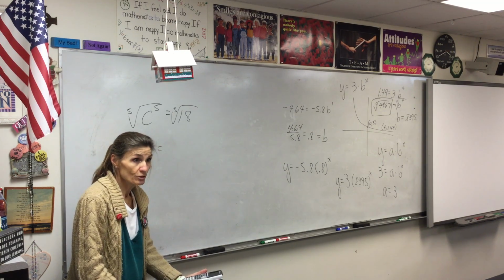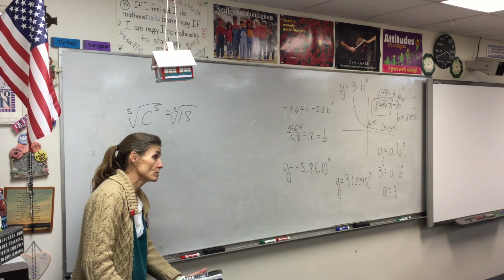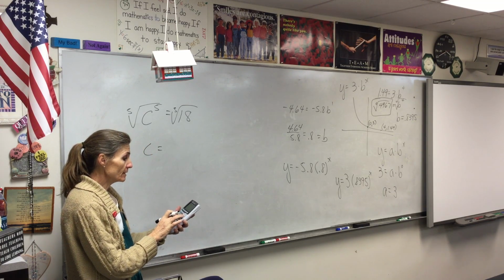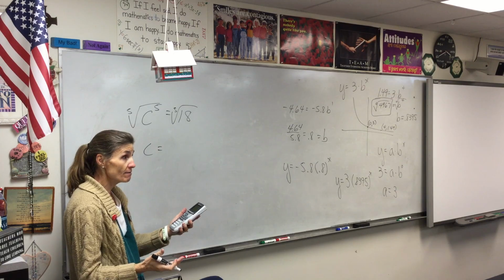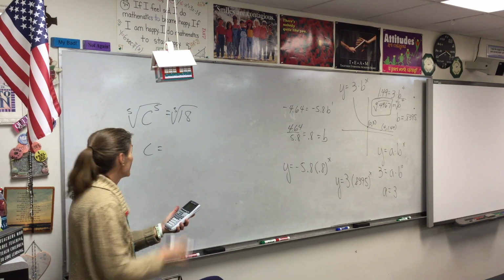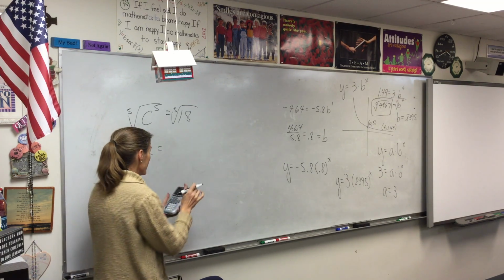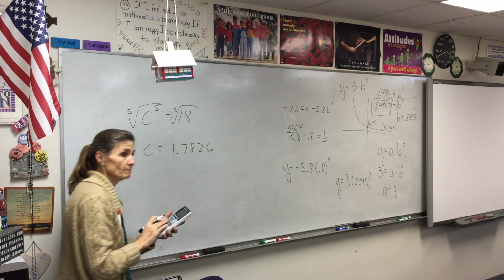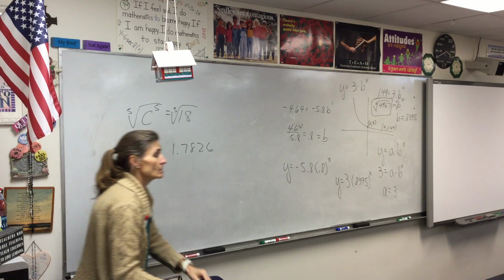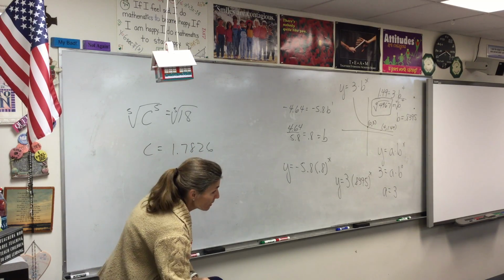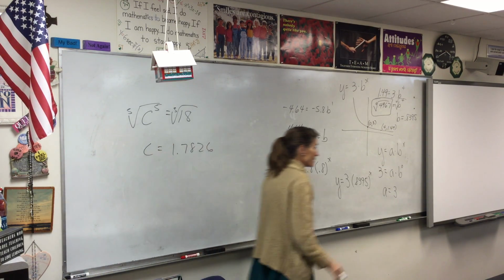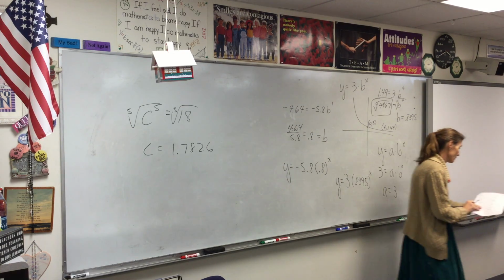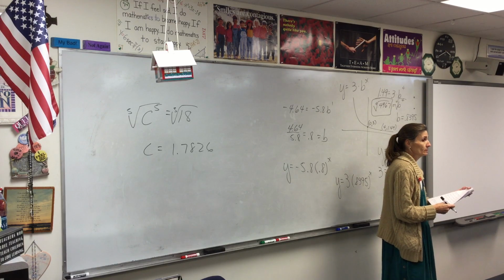You have to do that first. Which root? The 5th root. Then math, click down to option 5, and type in 18. So the 5th root is 1.7826. Is that what you got? Yep. So now you know how to take roots on your calculator if you end up having to do that again. Okay?